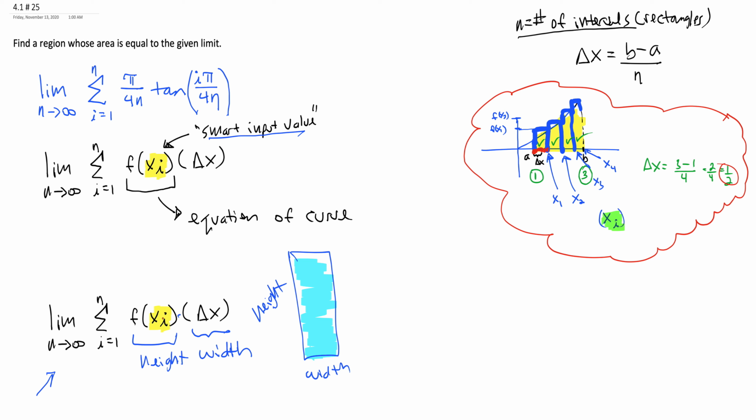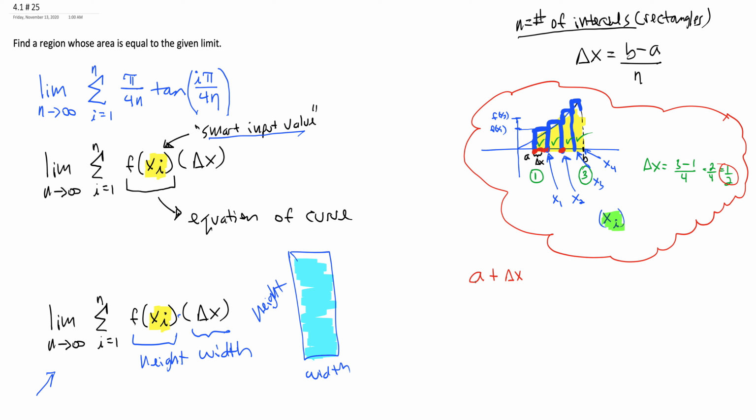How do we get our xi? So xi, if you look over here, the first one, x1, this guy right here would be a, because there's your a. It'd be a plus delta x. This location here, that x value, would be a plus delta x plus delta x.